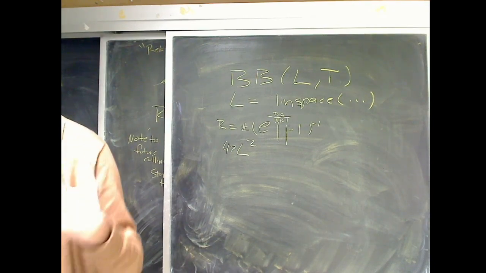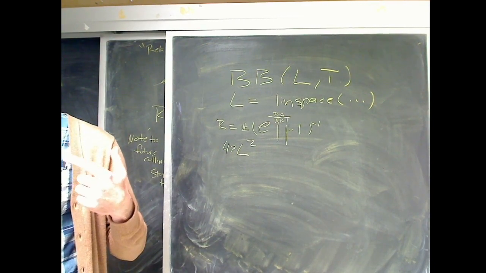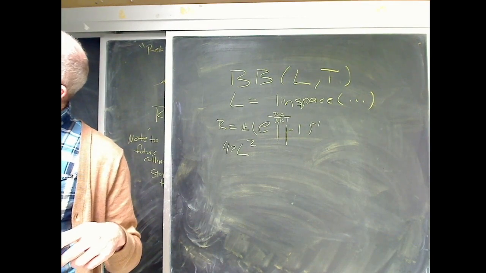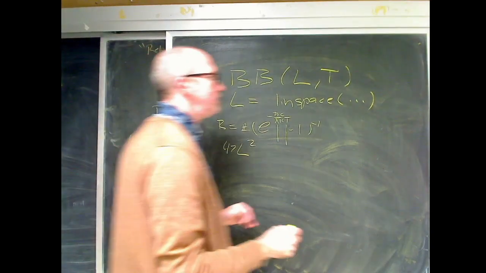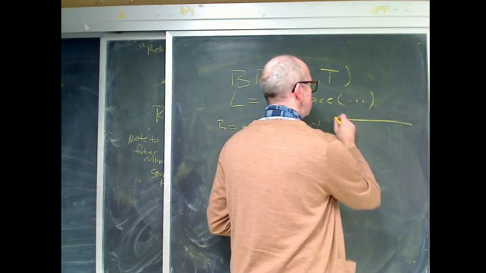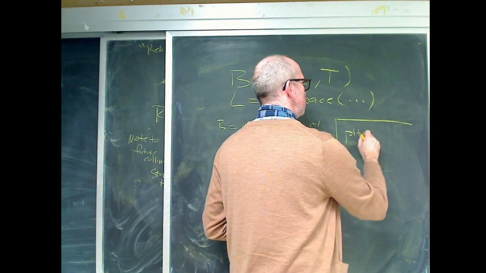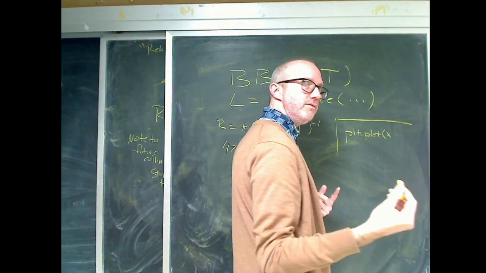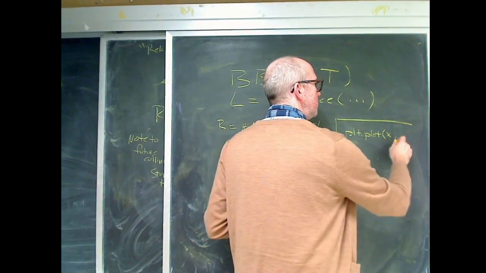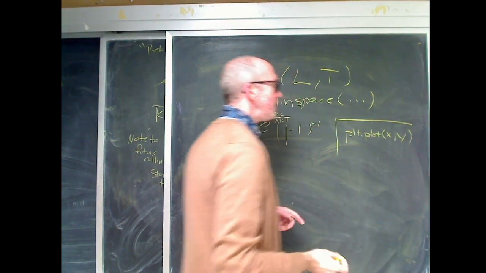Another glitch that people ran into pretty consistently is not calling the plot right. So let me talk about the plot for a second. plt.plot takes the independent variable first, and then the dependent variable second.